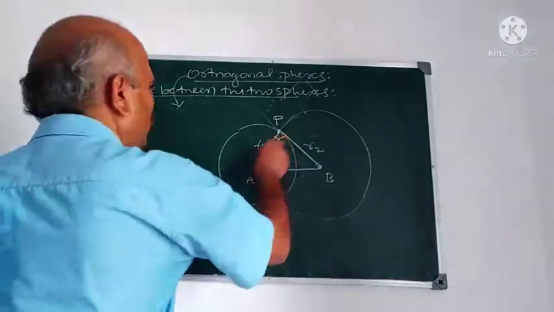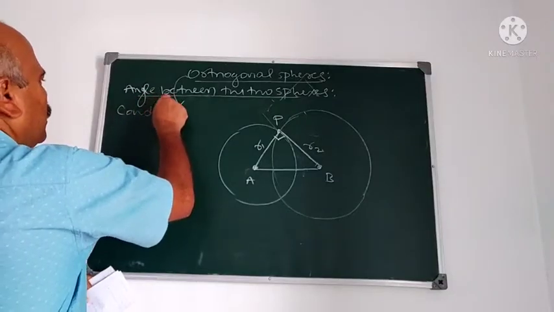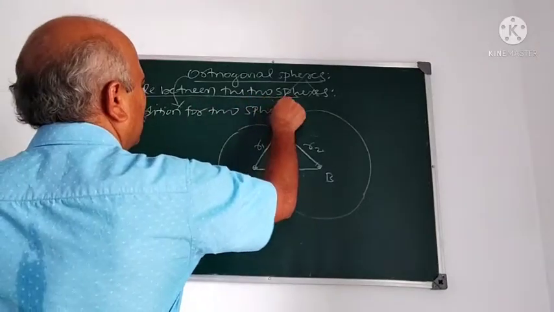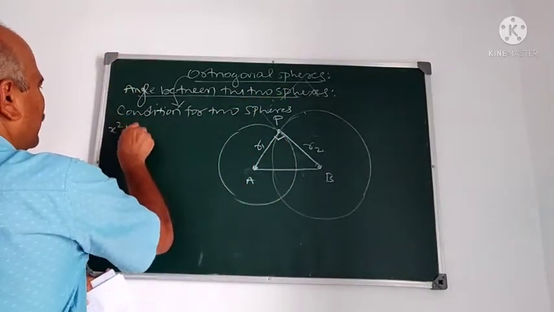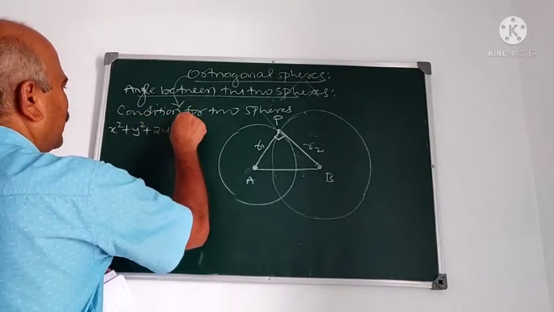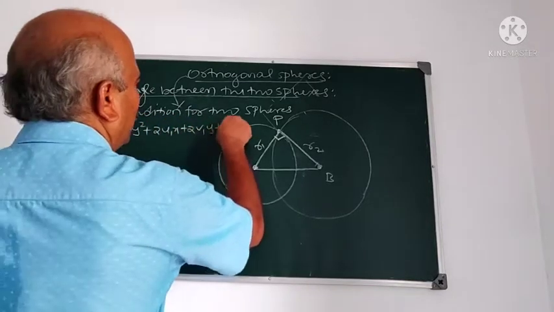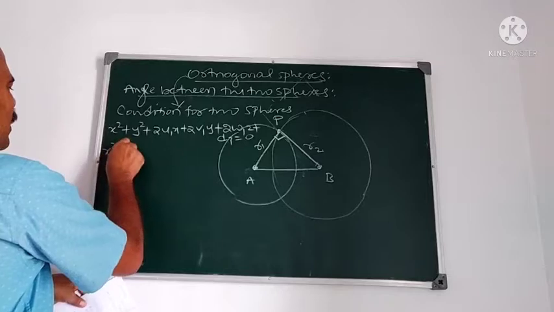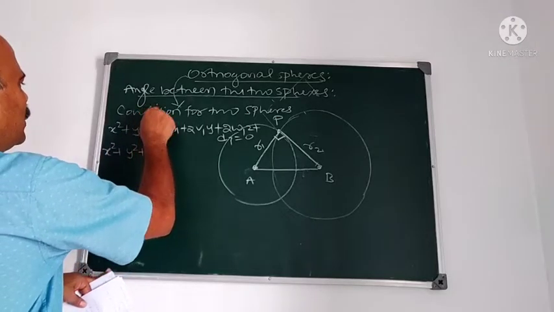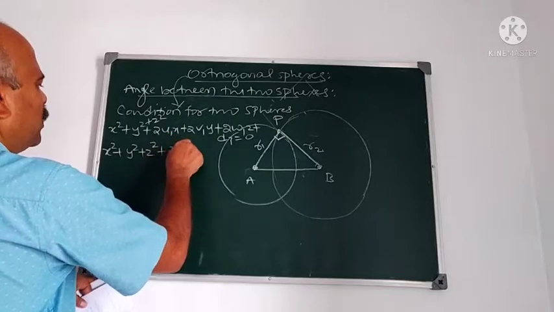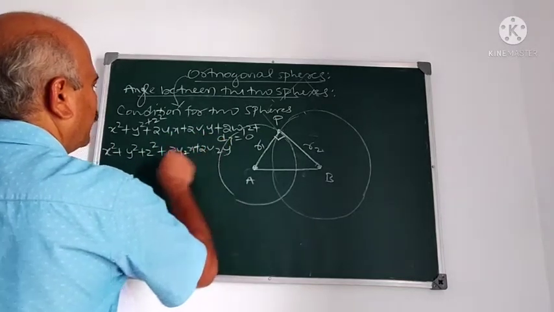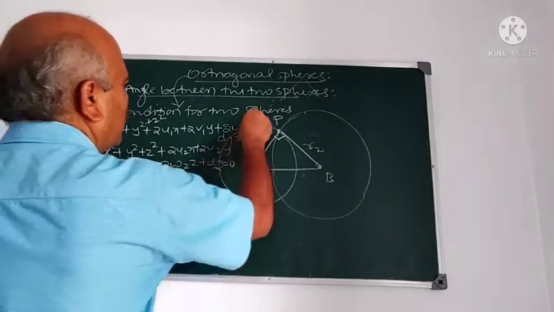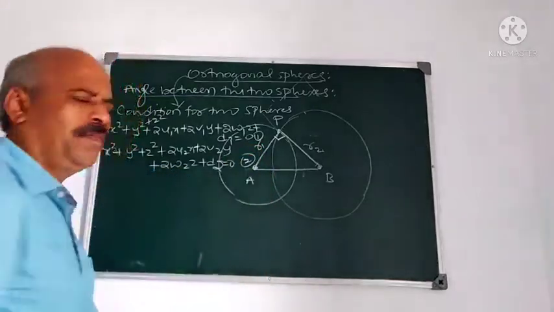Now, using this, we derive the condition for two standard spheres. So we take x² + y² + z² + 2u1x + 2v1y + 2w1z + d1 = 0, and x² + y² + z² + 2u2x + 2v2y + 2w2z + d2 = 0, to intersect orthogonally.